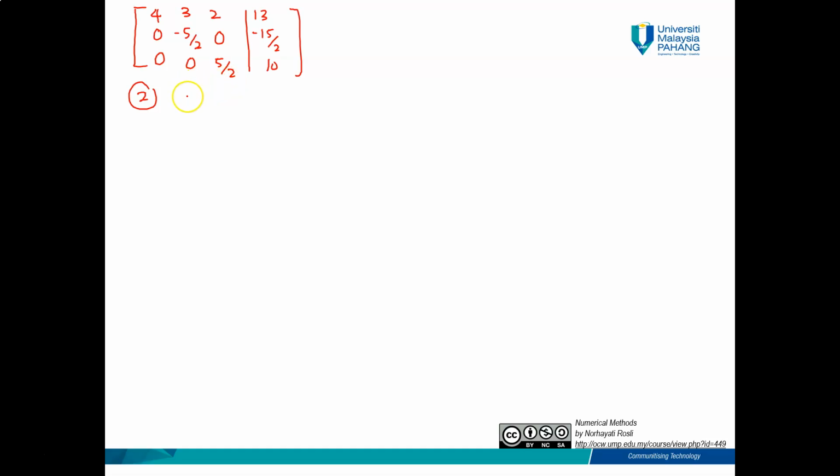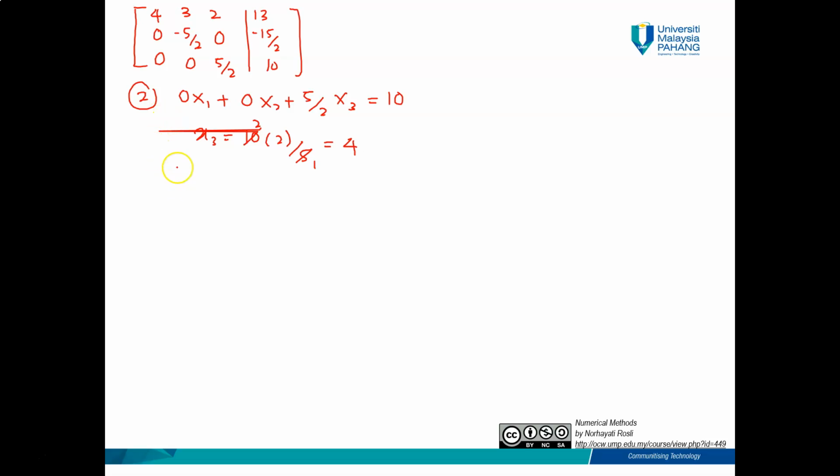We start with the last row: 0x1 plus 0x2 plus 5 over 2 x3 equal to 10. When we solve this, x3 equals 10 times 2, divided by 5, which is equal to 4.